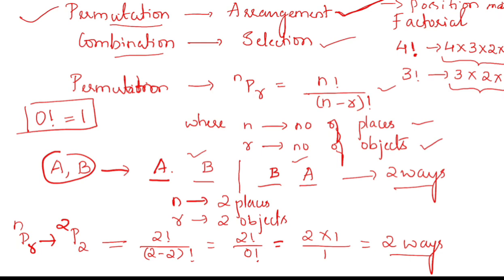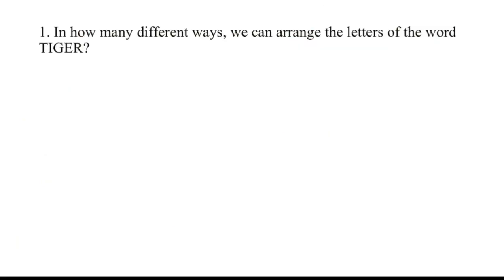So let us see problems one by one. The first problem: in how many different ways can we arrange the letters of the word TIGER? How many places are there? 1, 2, 3, 4, 5 places, so n is equal to 5. And how many objects are there?